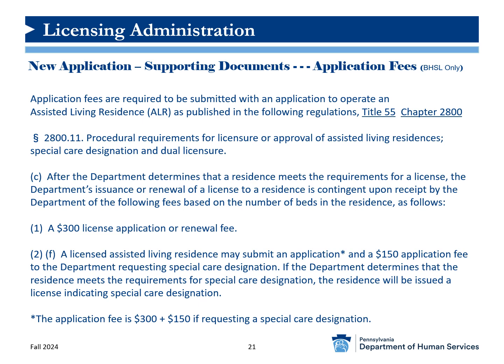So the total application fee for an assisted living with a special care unit is $450. If it's only assisted living, it would be $300. These are both application fees.